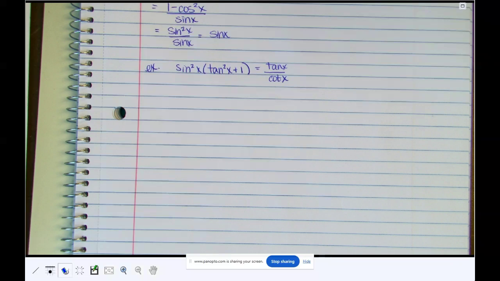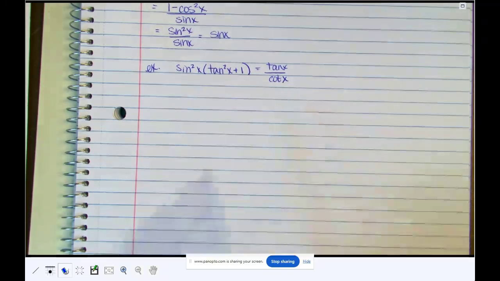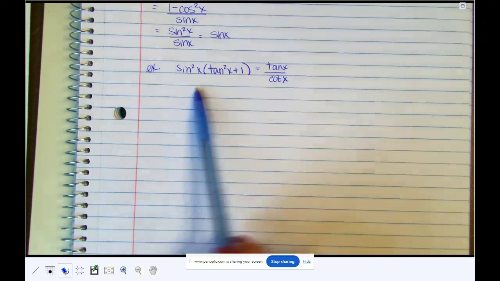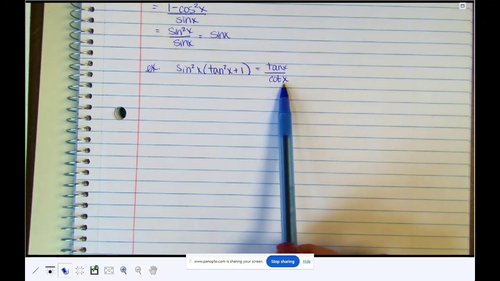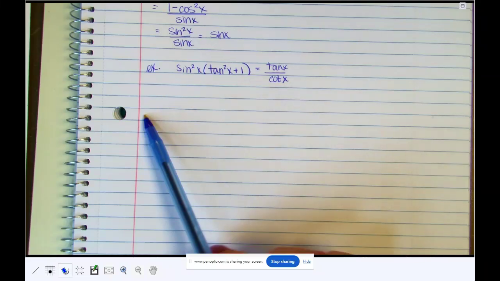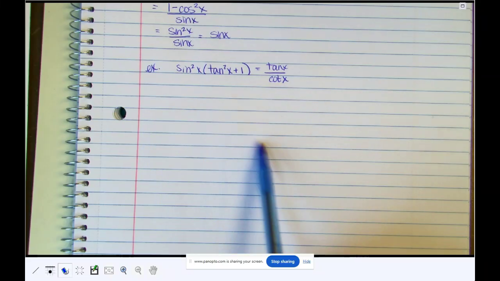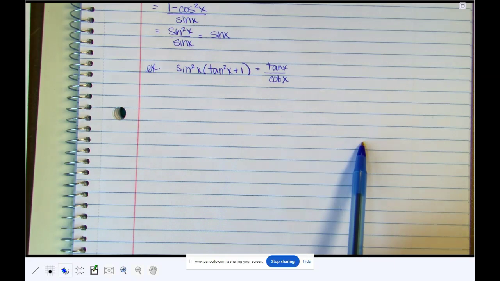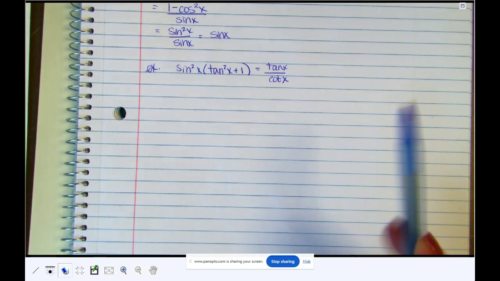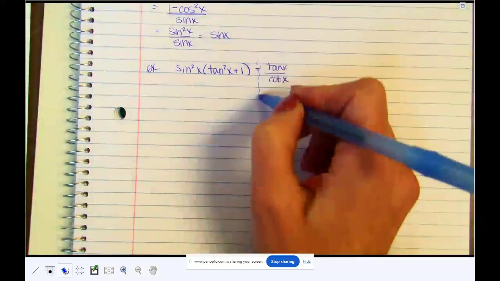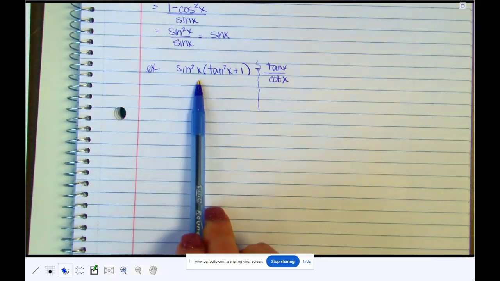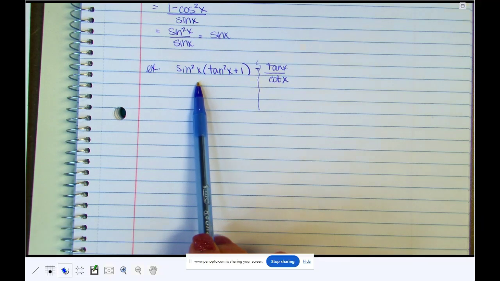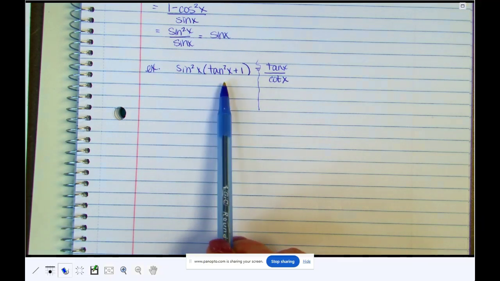Now, I'll tell you as a teacher, I look at this and I go, oh, I don't know how I'm going to get this. So maybe I need to work the left-hand side and then work the right-hand side separately and see if I can get them to be equal to each other. You're just going to take this guy and simplify him as far as he will go.